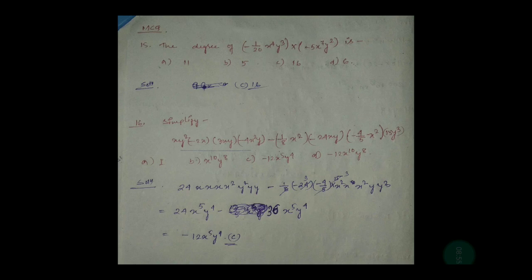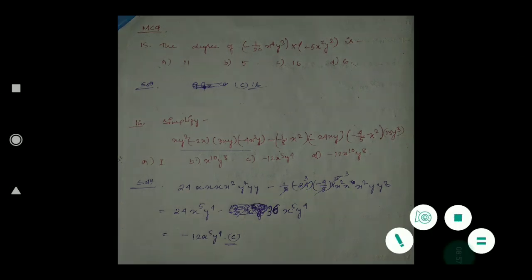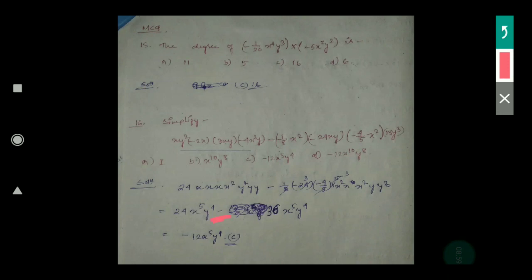Already a minus is there, that minus will be in front of the second term. So now 36 x power 2 plus 1 3 plus 2 5, x power 5, y power 4. So this will be one term, this will be one term, and after doing the subtraction you will get this one.